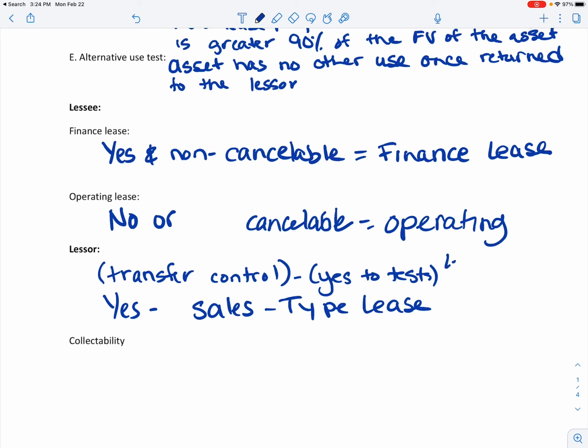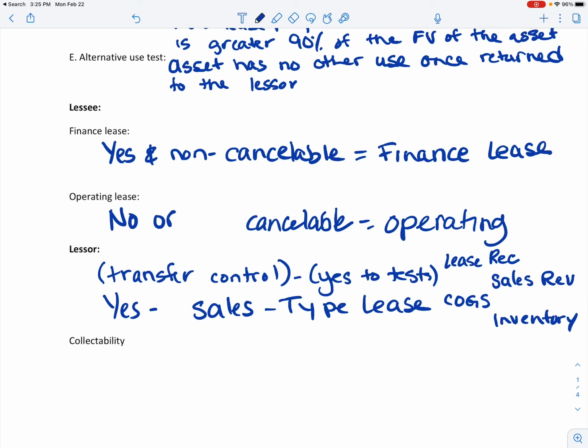Let's get some journal entries in here. We record a debit to our lease receivable and a credit to our sales revenue. We'd also have to record that we're selling that inventory, so we debit our cost of goods sold and credit our inventory if it is a sales type lease.